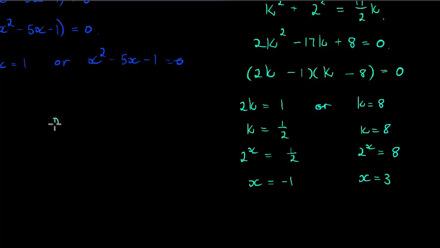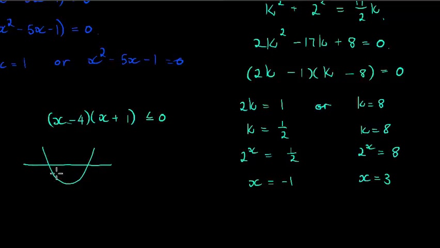So if I have x -4 and x +1 smaller or equal to 0, then I draw a rough parabola. Remember, this is actually a parabola, and these are the two x-intercepts. Now, just a rough one, and I see that the smaller one is this intercept, and the bigger one, that one. So this one is -1, and that one is 4.